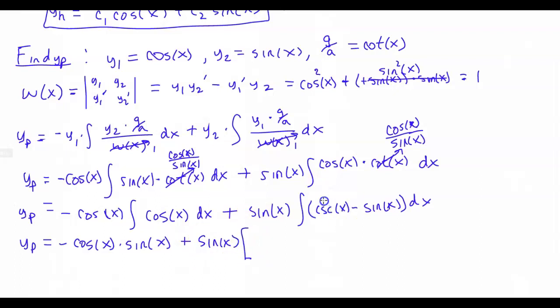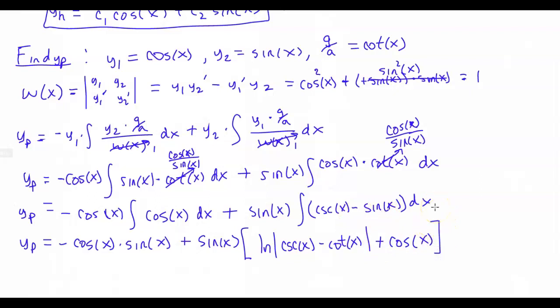And of course, the antiderivative of cosecant will be natural log of absolute value of cosecant minus cotangent. That's one of those ones from your second year calculus course that you may have forgotten. But you can derive this in a couple of different ways. The antiderivative of minus sine is going to be a plus or positive cosine.